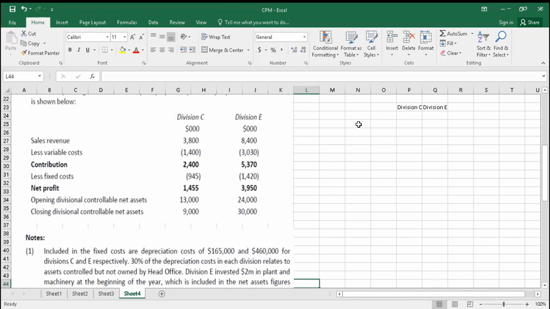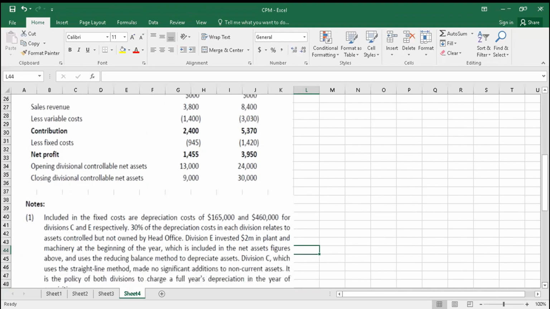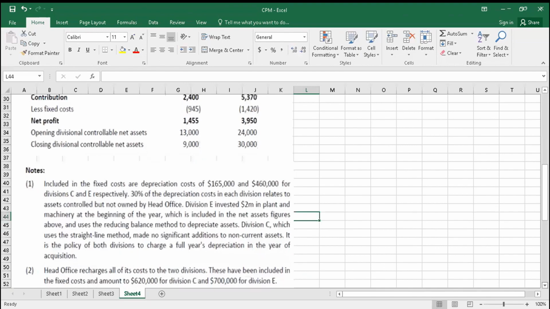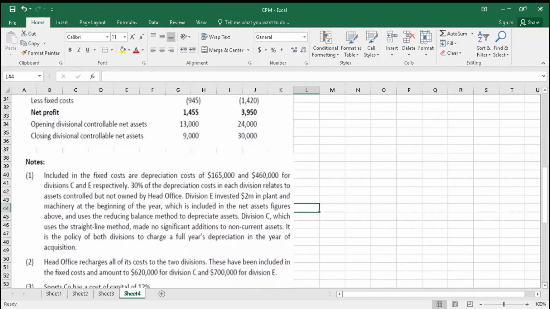That's one thing. After that, there are investments related to 30% of depreciation cost in each division relates to assets controlled but not owned by head office.